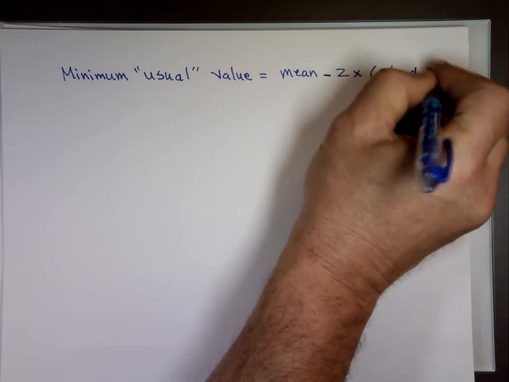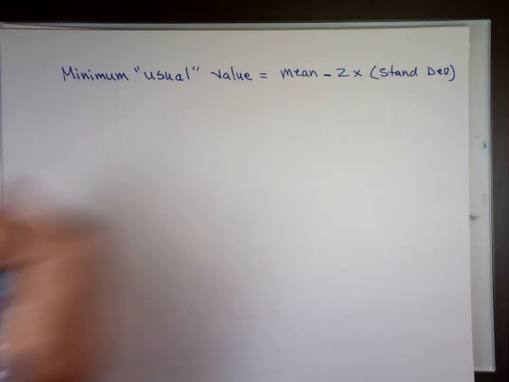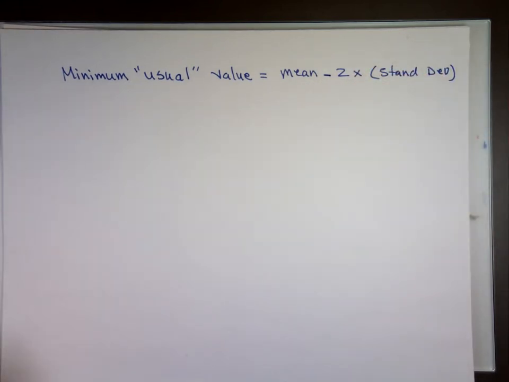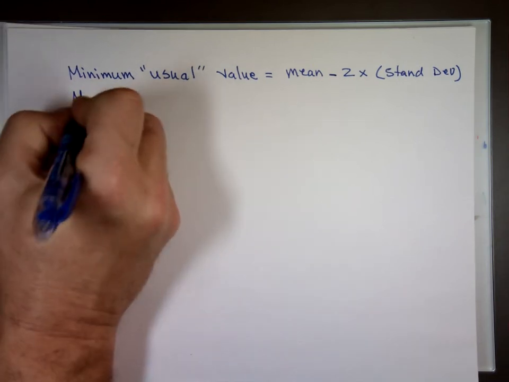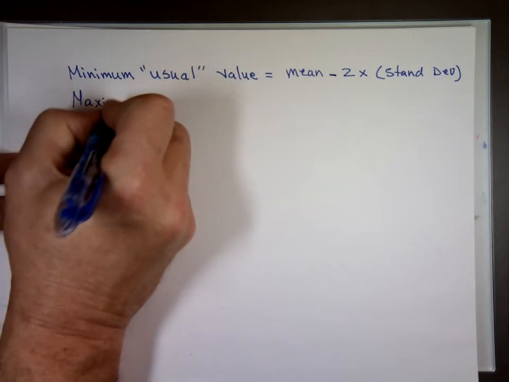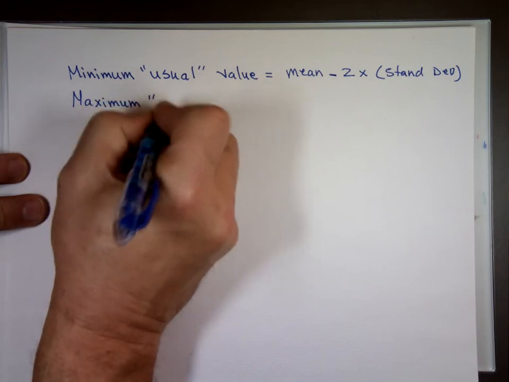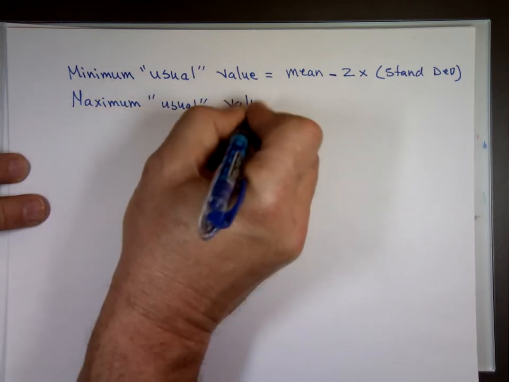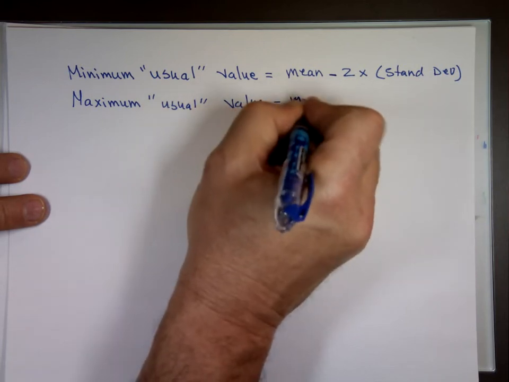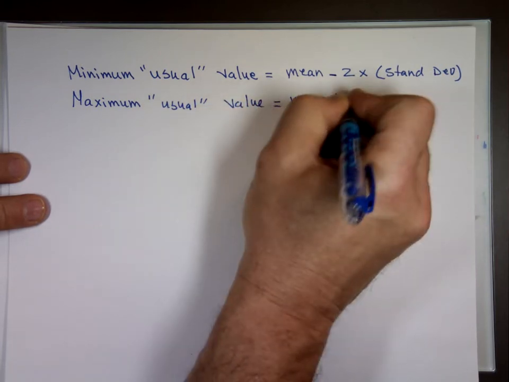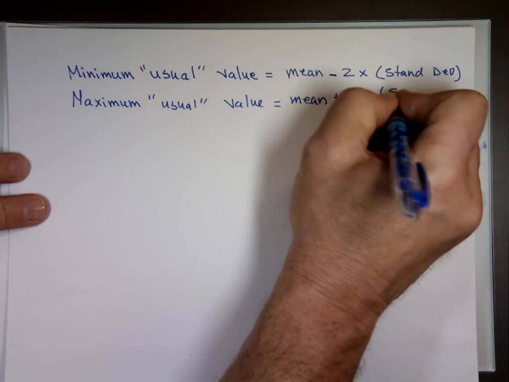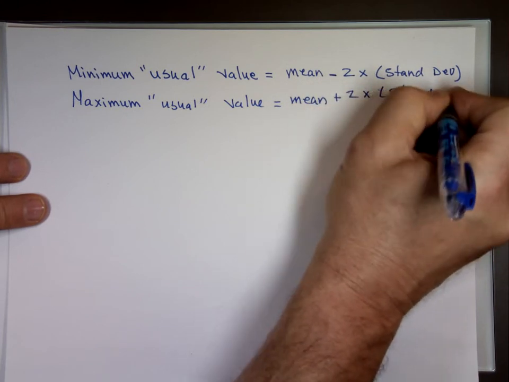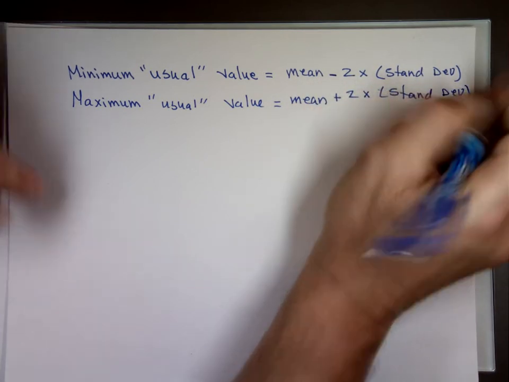That's the minimum usual value. The maximum usual value is going to be the mean plus 2 times the standard deviation. So if you land within 2 standard deviations, in either direction, that's considered a usual value.